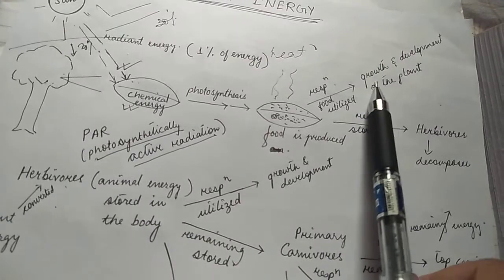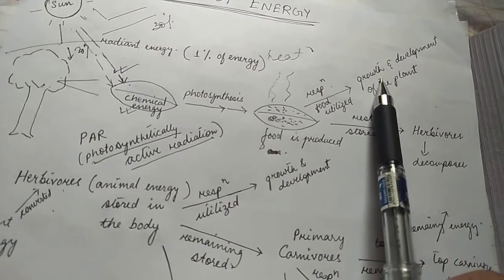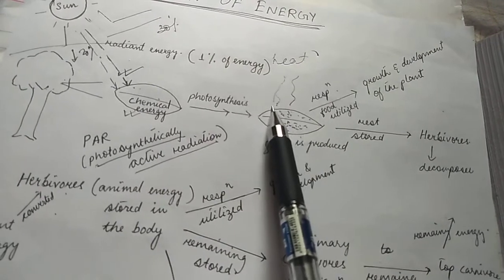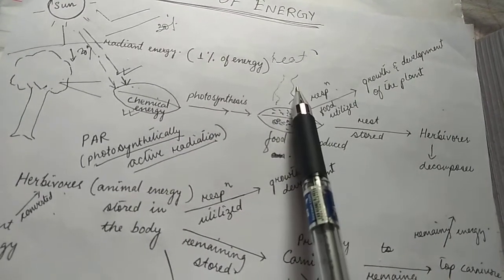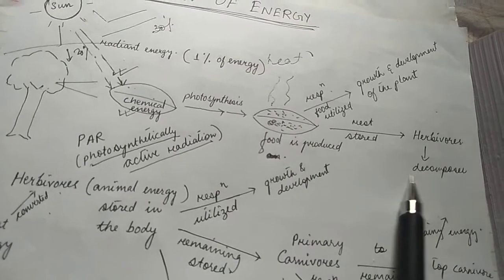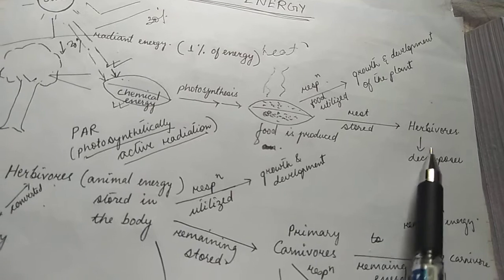Not only is the energy utilized during respiration, but some of the energy dissipates in the form of heat, and some unused food is utilized by the decomposers on their death.